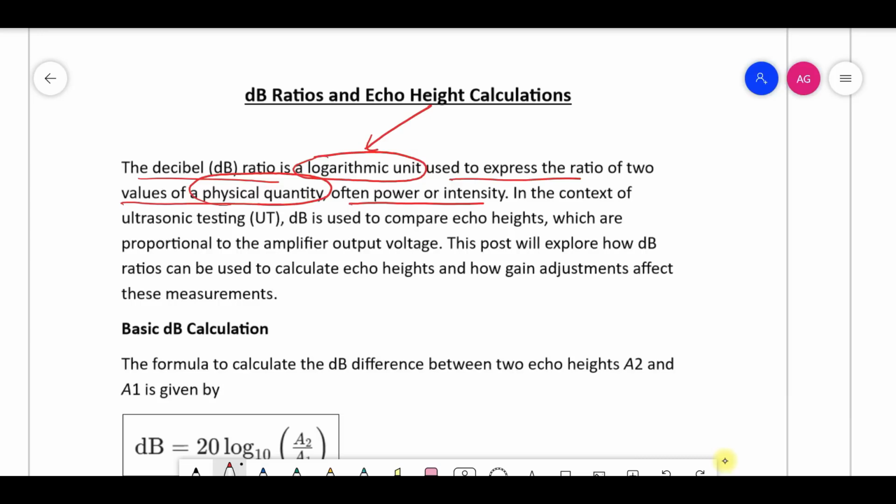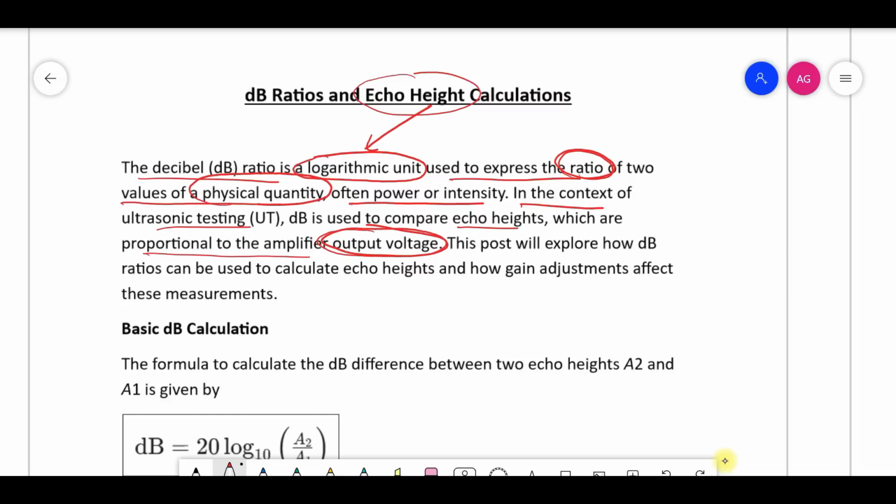So, for that, we use logarithmic units for echo height calculations, which makes them short. We also use ratios, so we use the ratio of two physical quantities in logarithmic units. In the context of ultrasonic testing, dB is used to compare echo heights, which are proportional to the amplifier's output voltage. So dB is actually proportional to the output and input voltages.